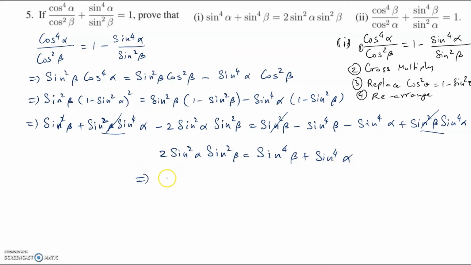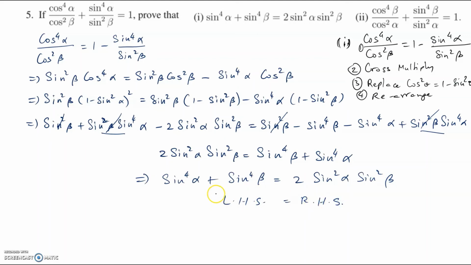Rearranging this, you can say sin to the power 4 alpha plus sin to the power 4 beta is equal to 2 sin squared alpha sin squared beta, or LHS equals RHS, hence the proof.